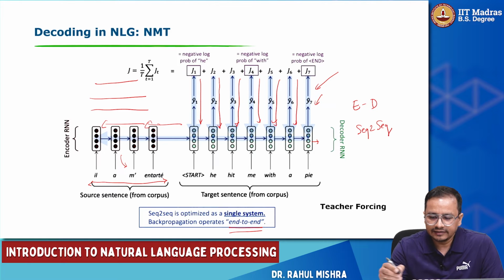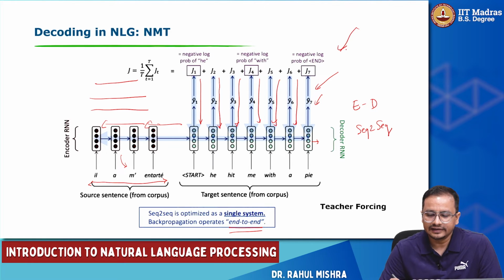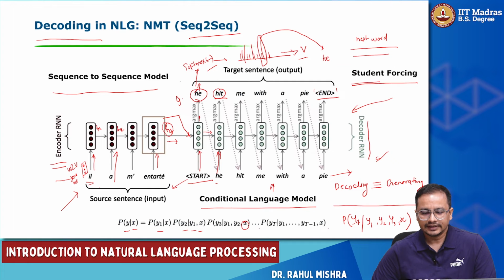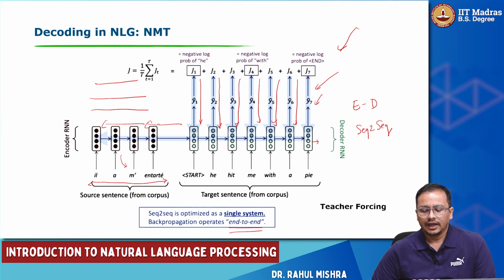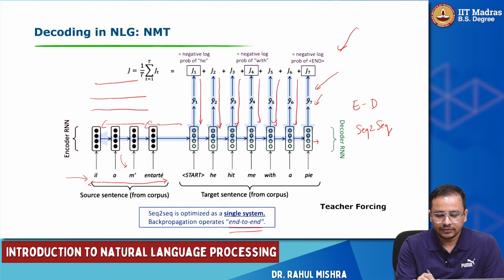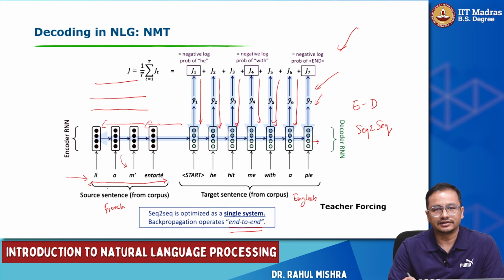And what we are doing here is the training time. So at the training time, what is the difference? What we had seen previously was the test time or the inference time. Here we are training the same system. So let's say now this example is part of my training set. It says the same thing, "he hit me with a pie" in French, and then you need to generate the English translation.